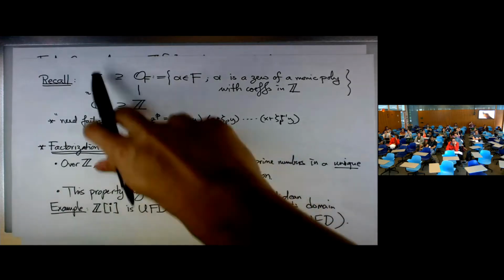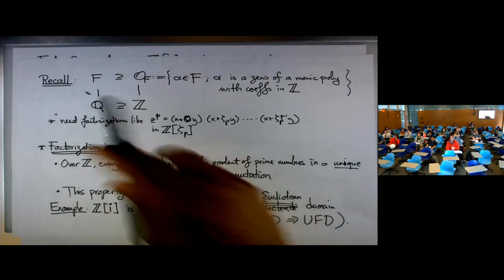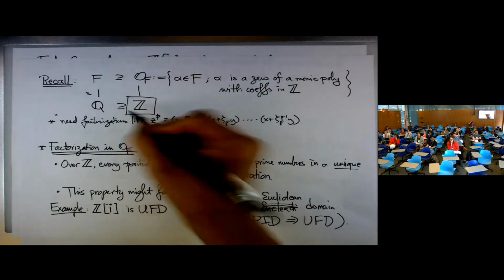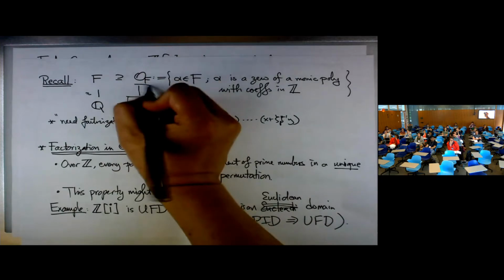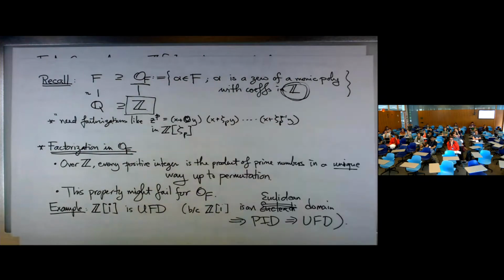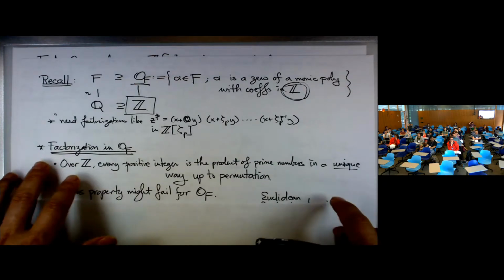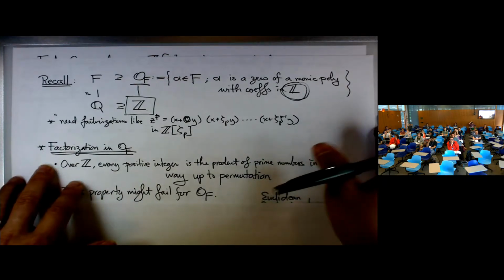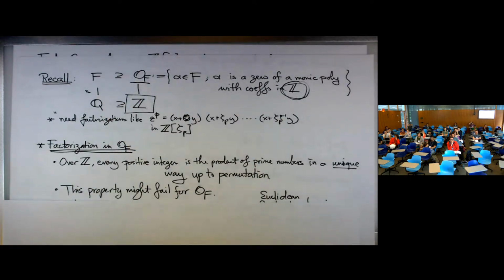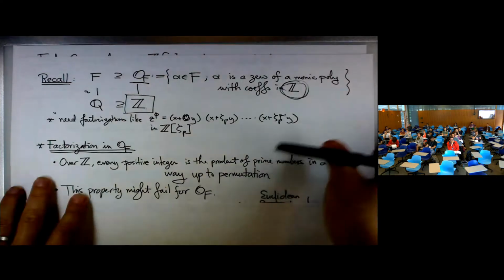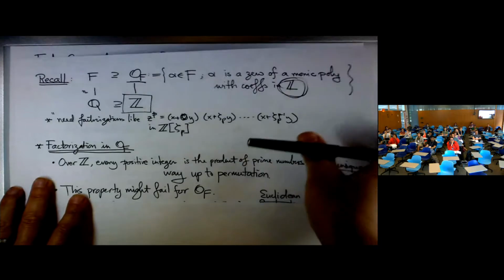You have this F has to be over some Q, and you have some sort of base Z. If you look at the definition of O_F, it requires coefficients in Z. So what it amounts to saying is that there's some concept in commutative algebra that the ring is integrally closed. So that could be a kind of generalization of this to general rings. Sorry, we can talk about that more later.